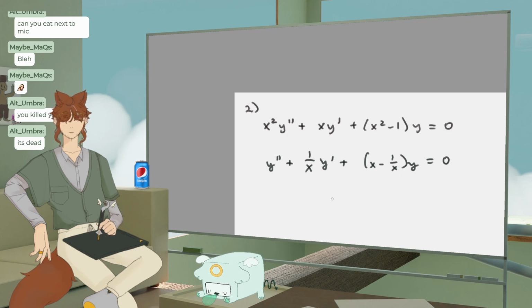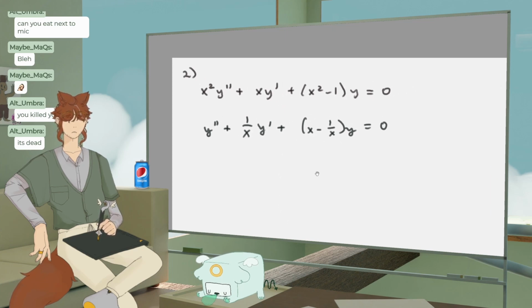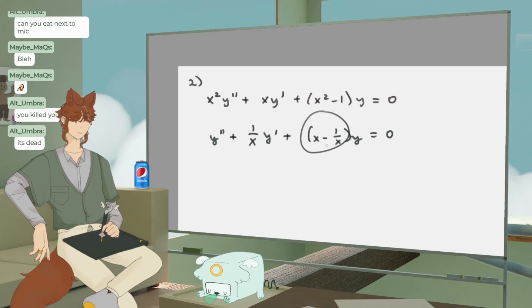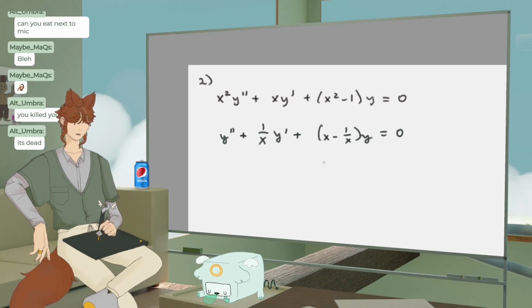Okay, so now we have to ask the question, are these coefficients analytic? So these are functions, this is p, this is q. And for them to be analytic, it just means that they have to be smooth, right? They have to have infinite derivatives we can take.